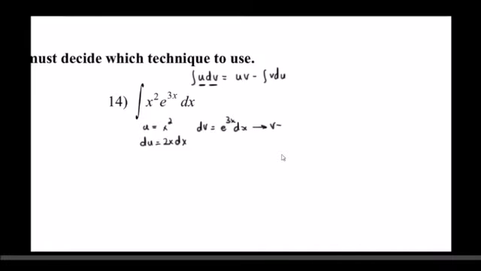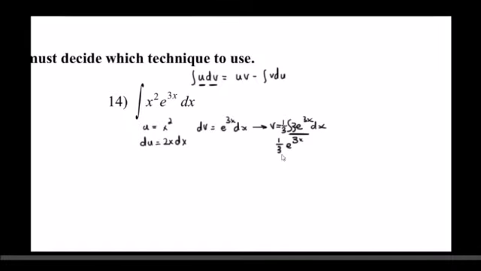Now we can only find this antiderivative of e to the 3x if there's a 3 there, which means there has to be a 1/3 here. So the antiderivative is 1/3 e to the 3x. There's your value for v.